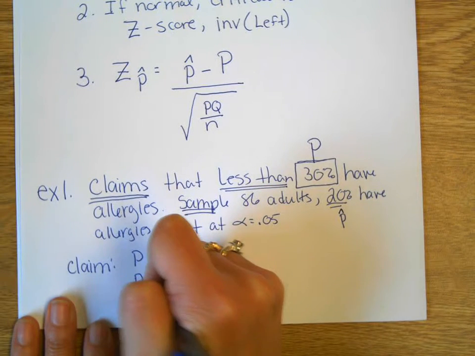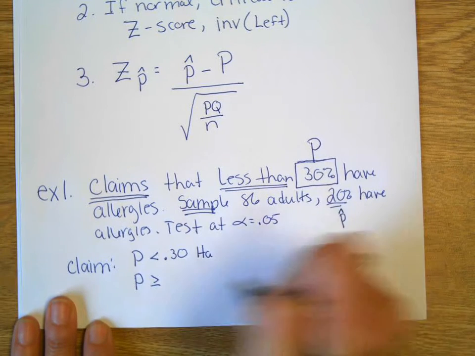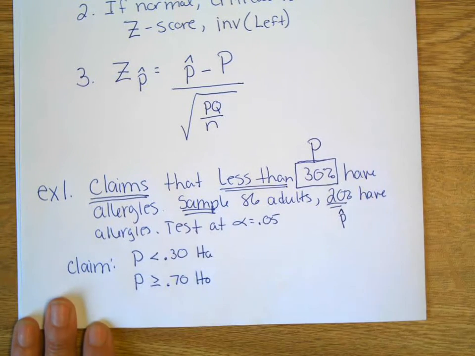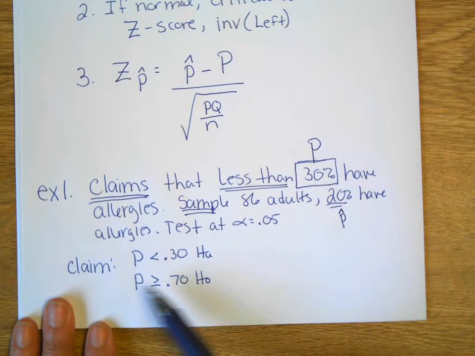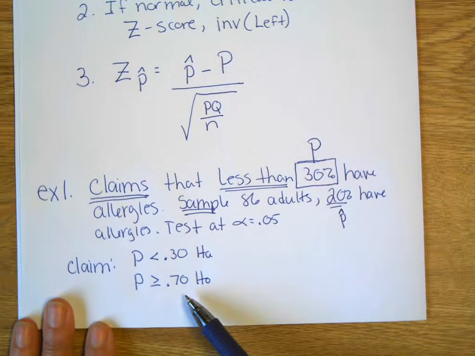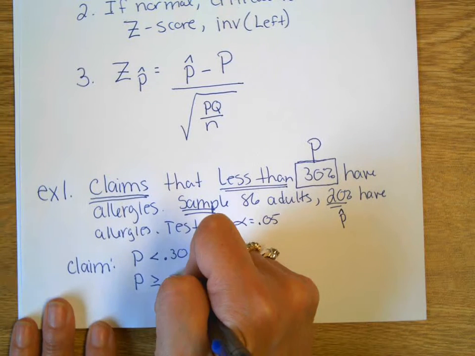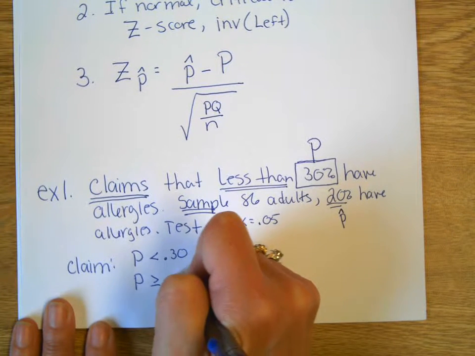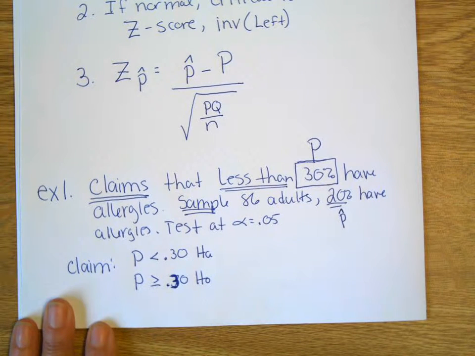The Ho is that big P is greater than or equal to 30%. Whoa, why did we change to 70? I don't know. I was thinking ahead of myself. That is still 30. I was thinking Q in my head's going to be 70, and then I wrote it down.